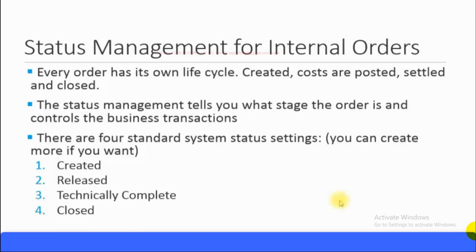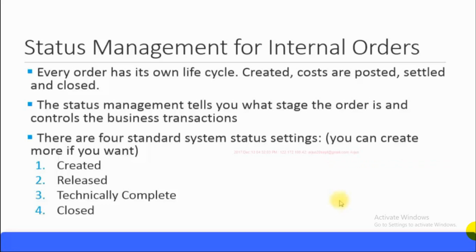Sometimes an internal order will be ongoing. For example, if it's a vehicle internal order, it won't be closed in a short period. That vehicle you can use for a number of years, and only when the vehicle is sold or scrapped is it going to be closed. So anyway, all these types of internal orders will have a creation, expenses getting posted, either settled or not settled, and closed. These are usually its life cycle.